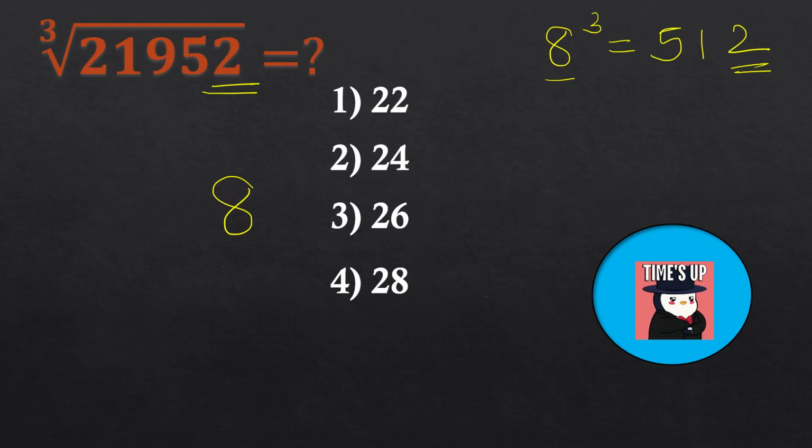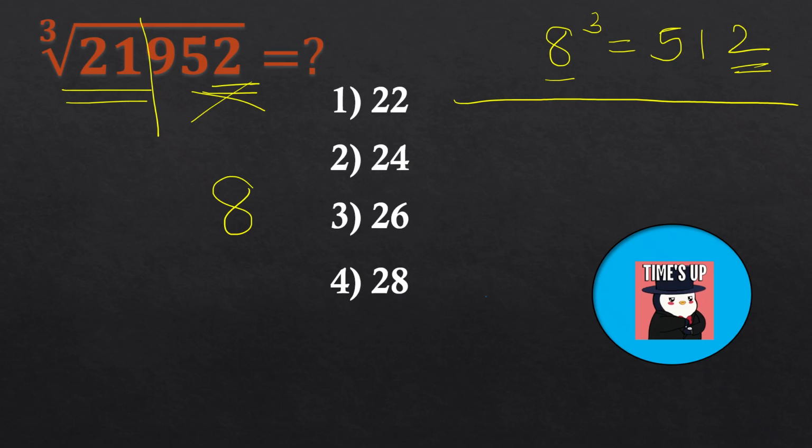Then you divide in such a way that from your right hand side, you leave the last 3 digits. You need to ignore it. So what is left? Cube root of 21 is left. So it is closer to which of the cubes do you think? It is 2 cube, 8, and 3 cube, which is 27.